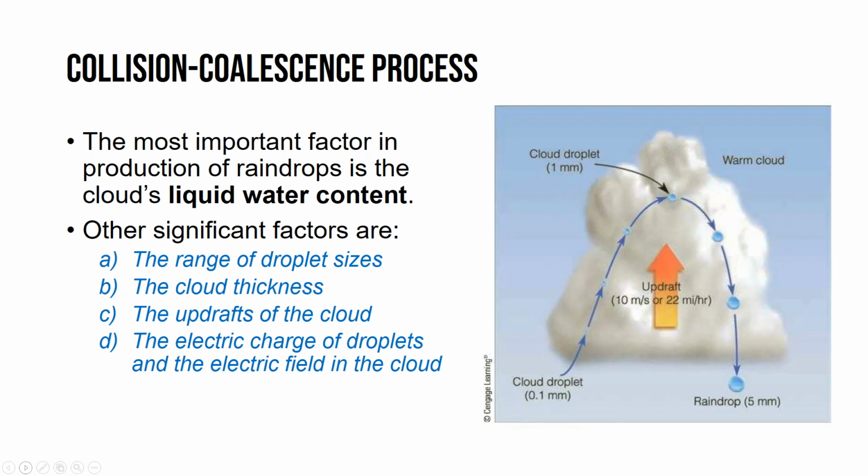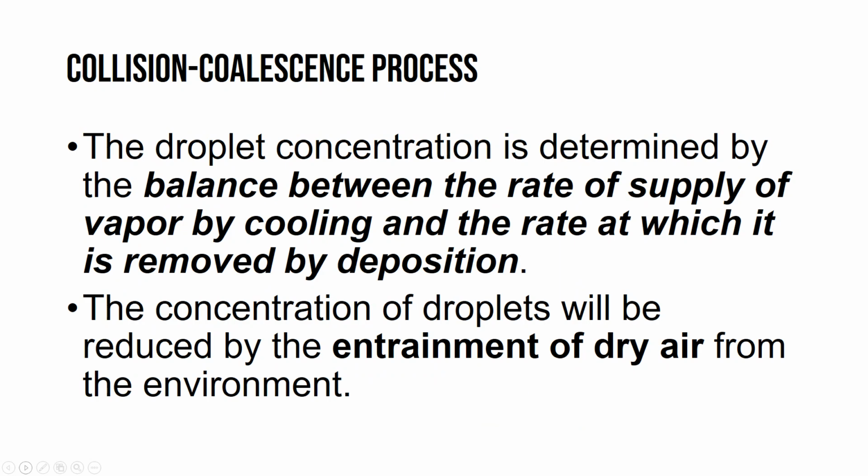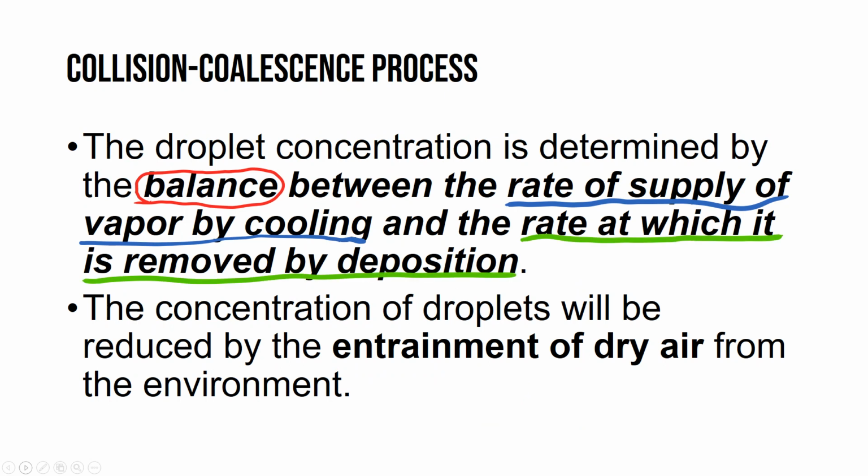Next significant factor, we have the electric charge of droplets and the electric field in the cloud. We can say that the droplet concentration is really crucial in the rate of growth of droplets. The droplet concentration is determined by the balance between the rate of supply of vapor by cooling, that's condensation, and the rate at which it is removed by deposition.